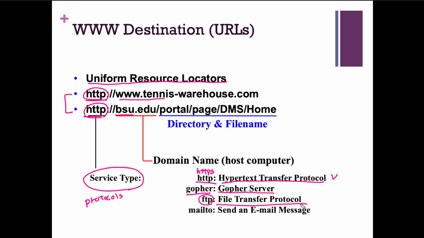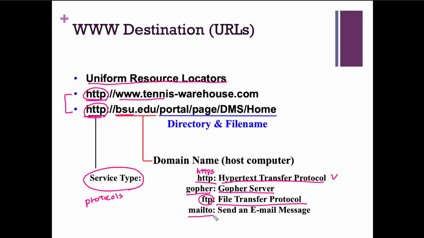So instead of exchanging one HTML file with HTTP, if you use the FTP protocol, two computers interconnected through the internet can share any kind of files, exactly like we do with Dropbox or OneDrive.